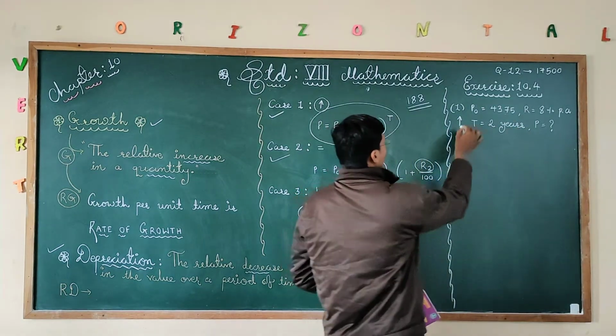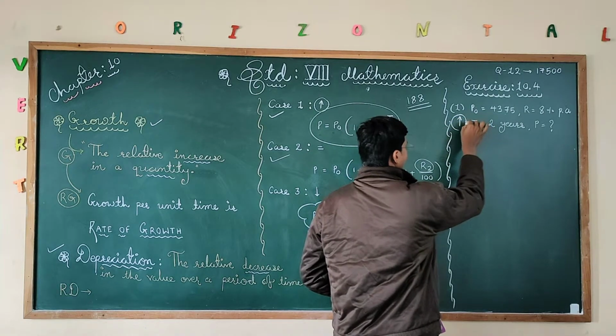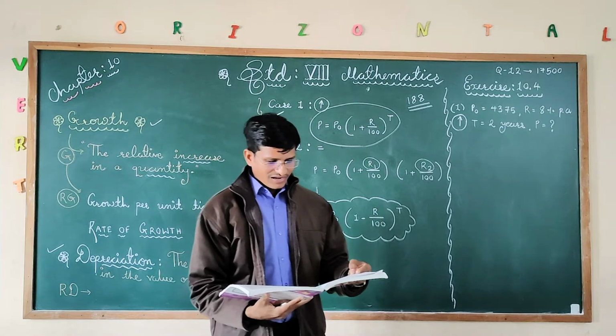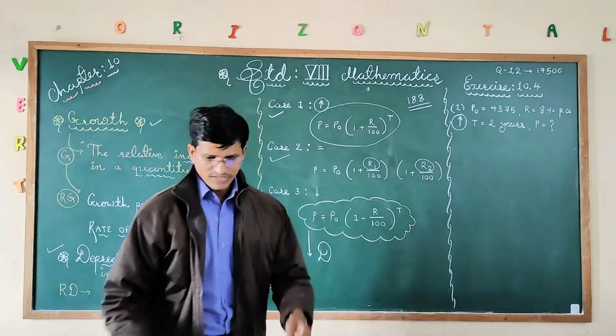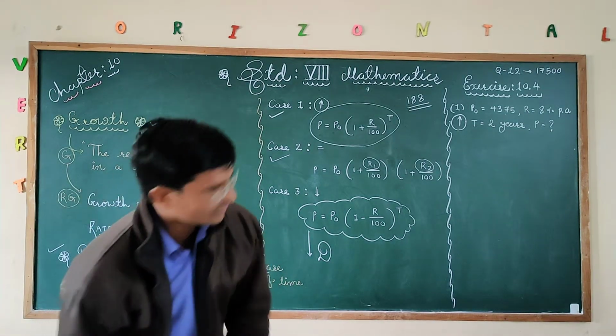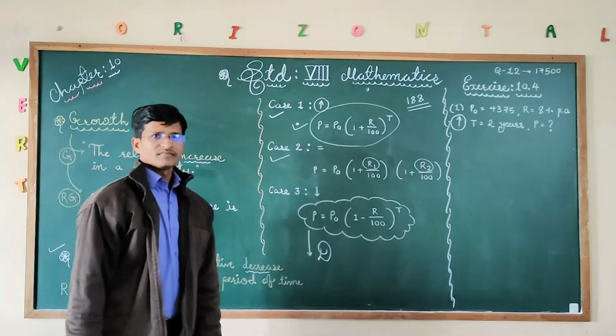Now here the main thing is the increase. How many times is R there? The rate is only one time. So which formula can we utilize? We can utilize formula number 1, case number 1. Understood?